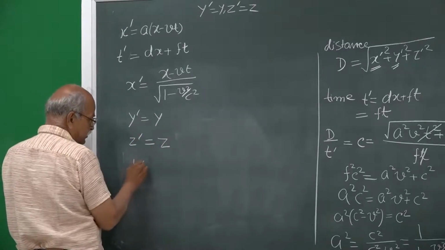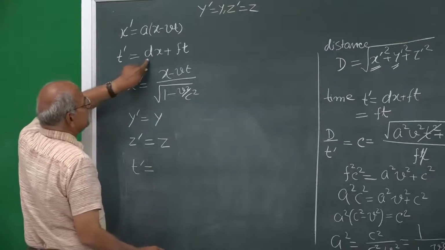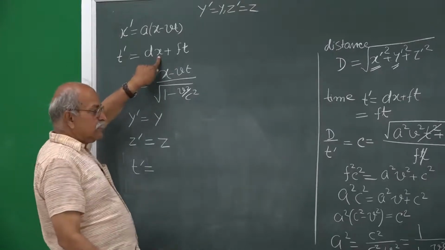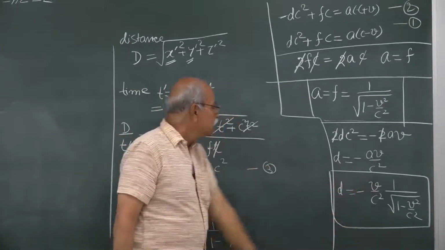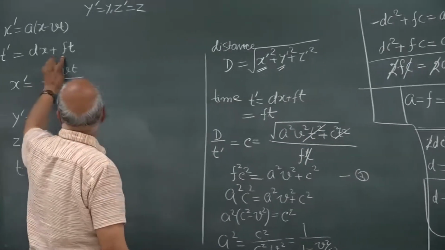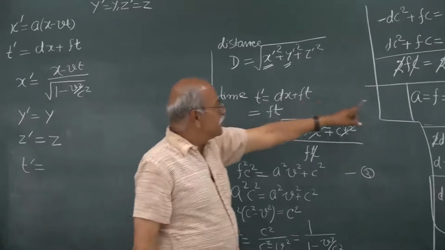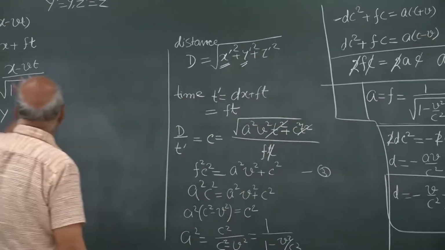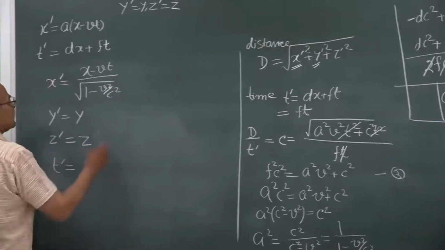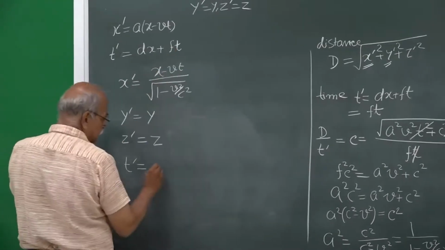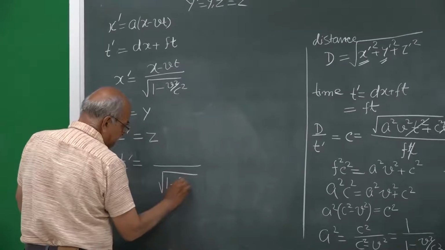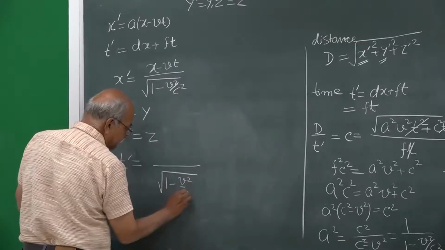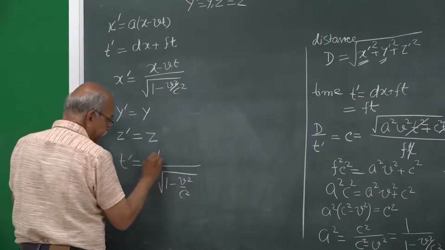And t prime is d into x plus f into t, and what is d? Here is d. f and a are same, so f is 1 by square root 1 minus V square by C square, and into t.